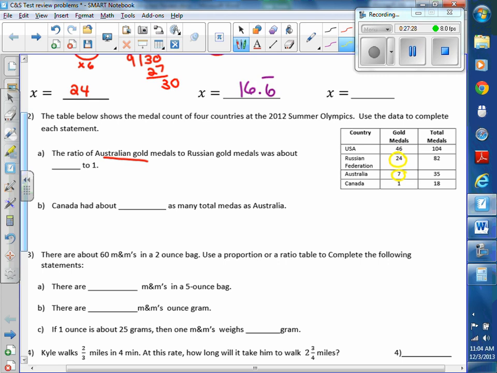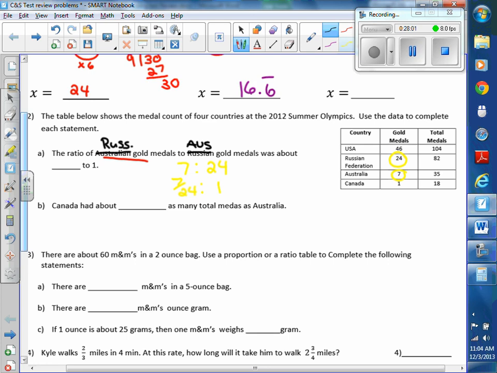Yeah, I should have reversed the wording, because Australian to Russian, if I wanted the Russian to be a 1, this would have to be 7/24, wouldn't it? That's not a very great question. So if I change this, the ratio of Russian to Australian, it's a better question, isn't it?